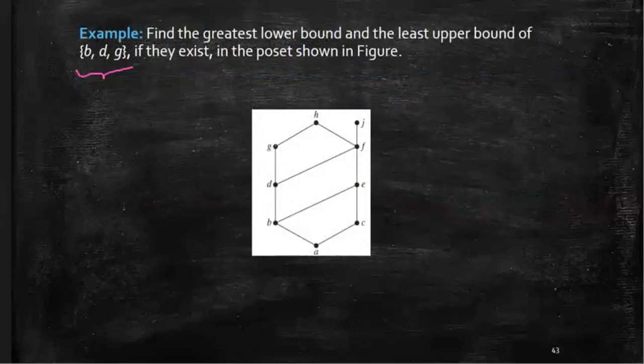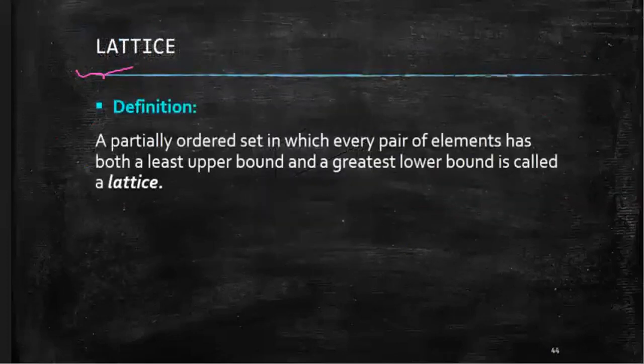Now, the final topic in this is lattice. What do you mean by a lattice? A partially ordered set in which every pair of elements has both a least upper bound and a greatest lower bound is called a lattice. What do you mean by that?